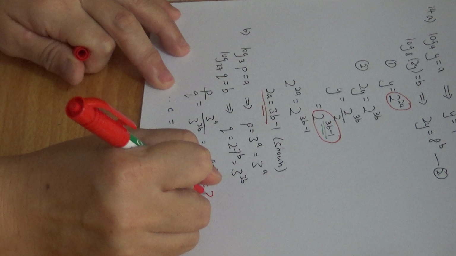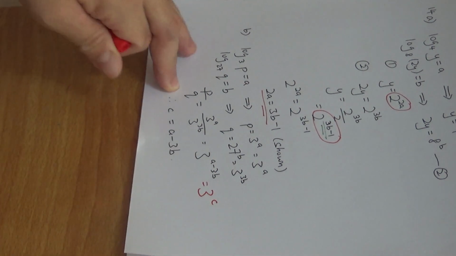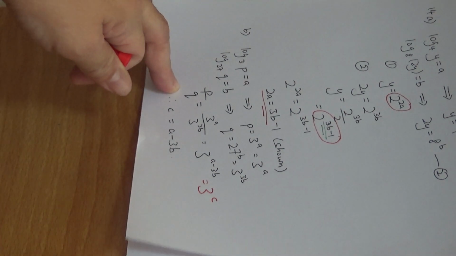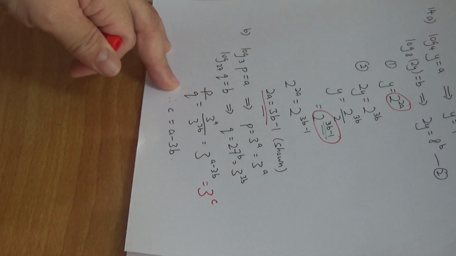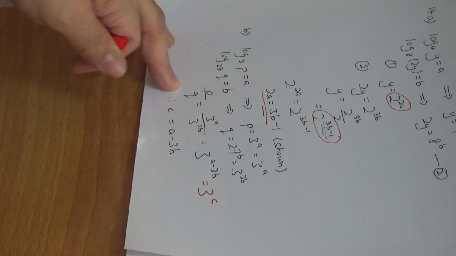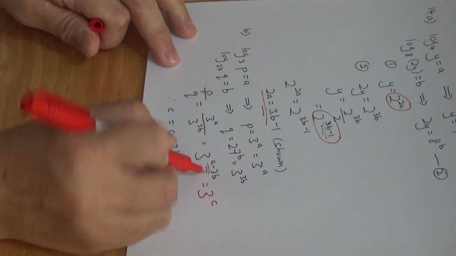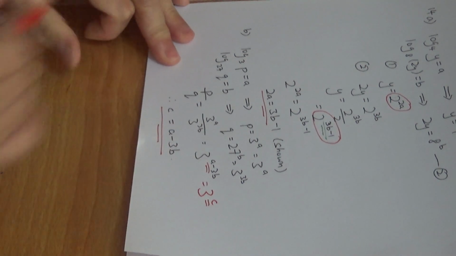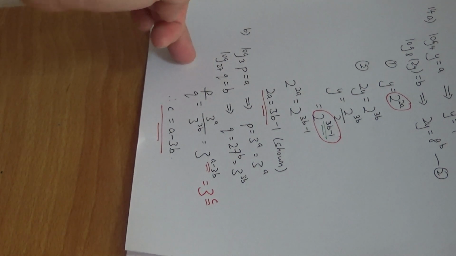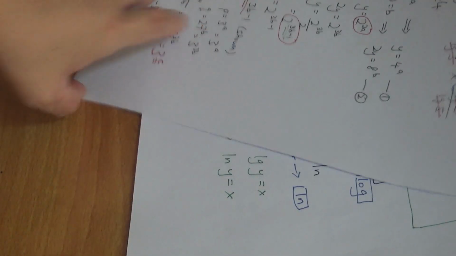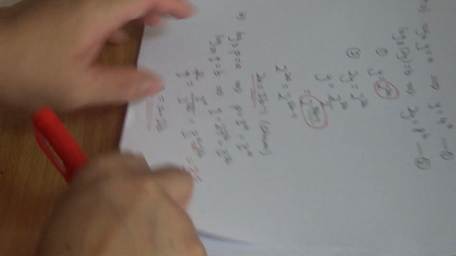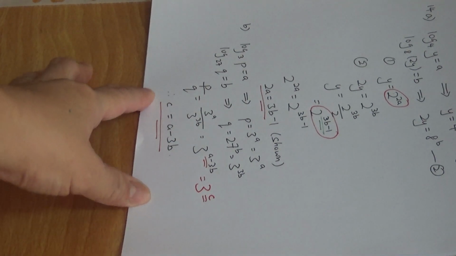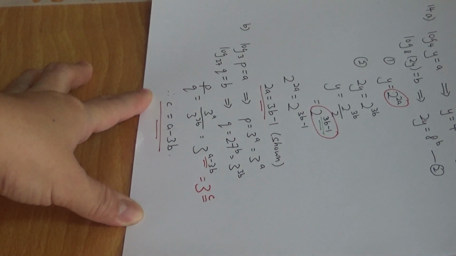Now the question says that this is equal to 3c, and they say to write c in terms of a and b. What you need to do is just to equate the powers. You will get c equals a minus 3b.